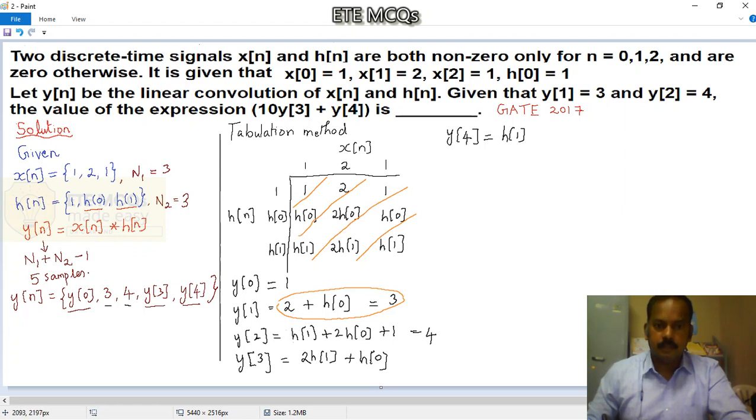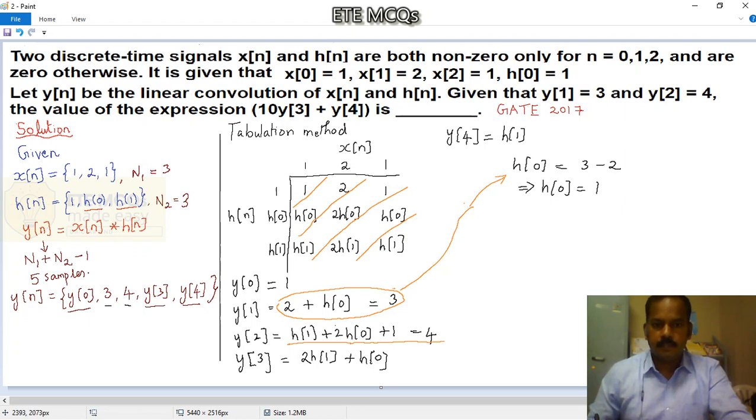Similarly, this part will help me identify h of 1 upon substitution of h of 0. So from this expression I can say that h of 0 is equal to 3 minus 2, which implies h of 0 is equal to 1.